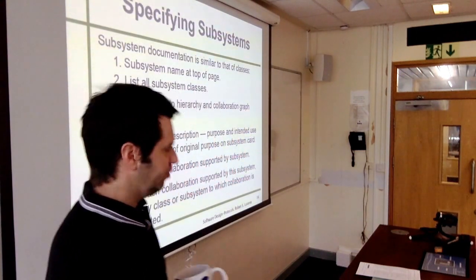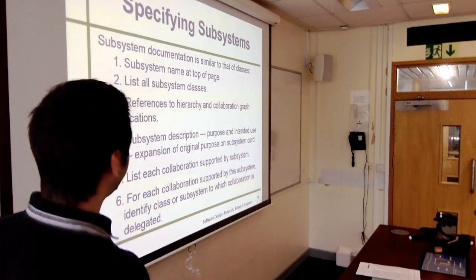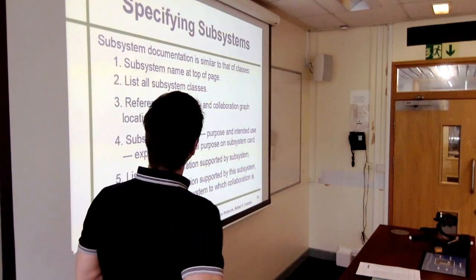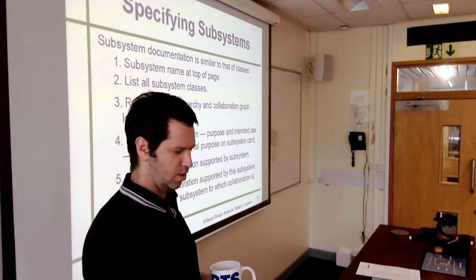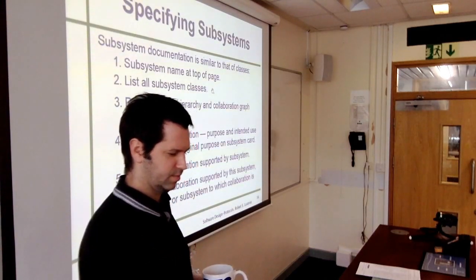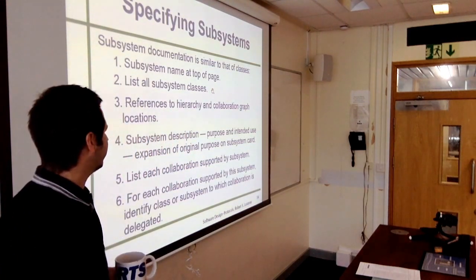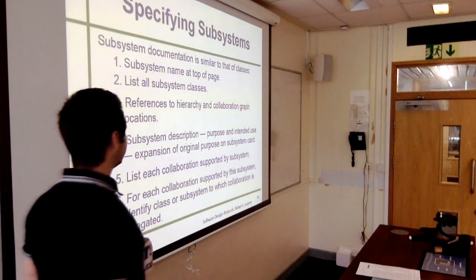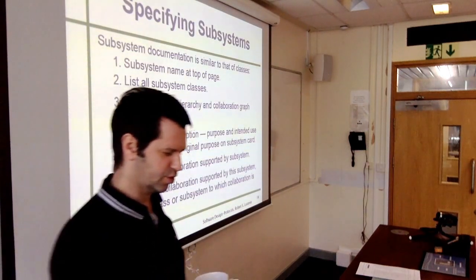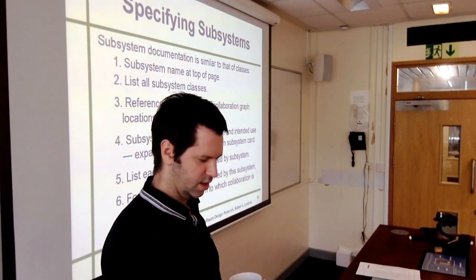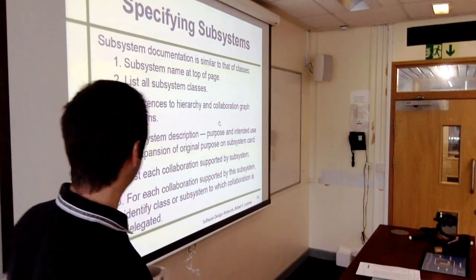Okay, subsystems are similar to classes, the subsystem documentation. So the subsystem is at the top of the page. We have all the classes in a subsystem listed. We have all the references to hierarchy and collaboration diagram pages. We have a description of the subsystem, its purpose and intended use, right?